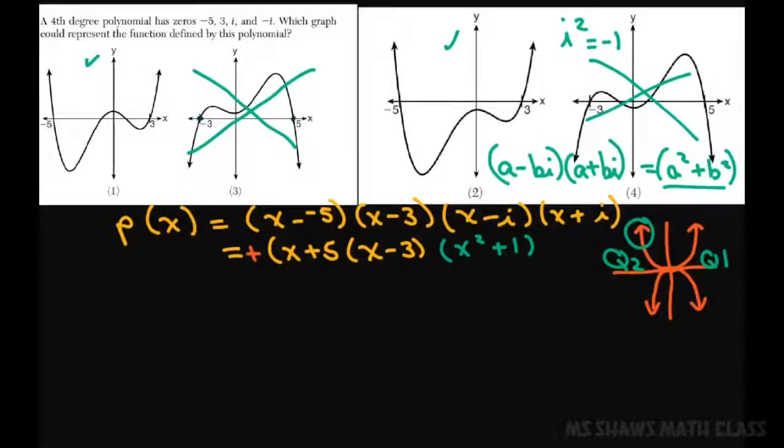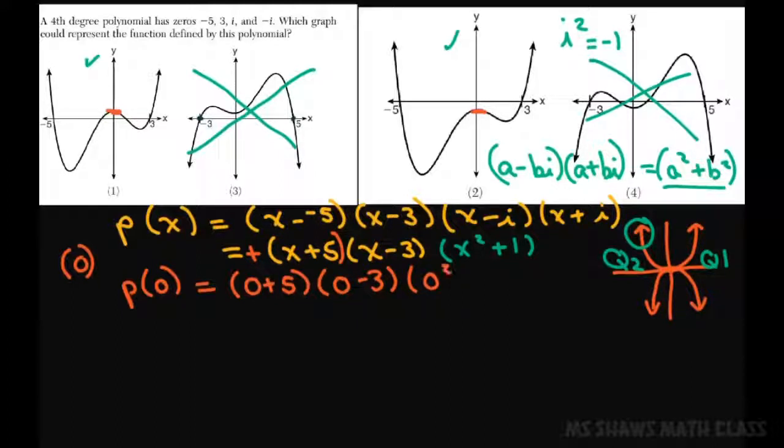So we're going to look at this, and the only thing we need to look at is this y-intercept. So to get your y-intercept, you let x be 0. So we're going to do p of 0. And that's going to give you, that should be a comma there, 0 plus 3, 0 minus 3, and 0 squared plus 1.